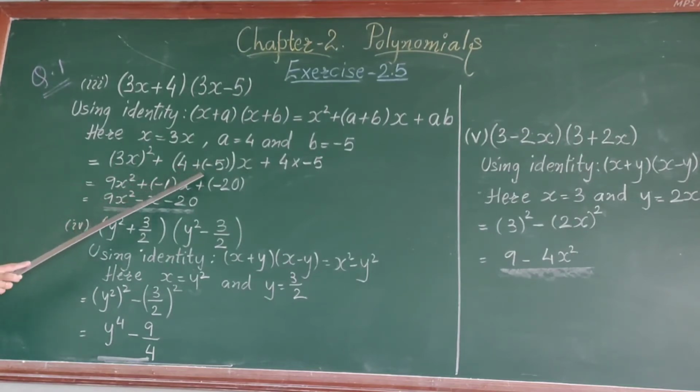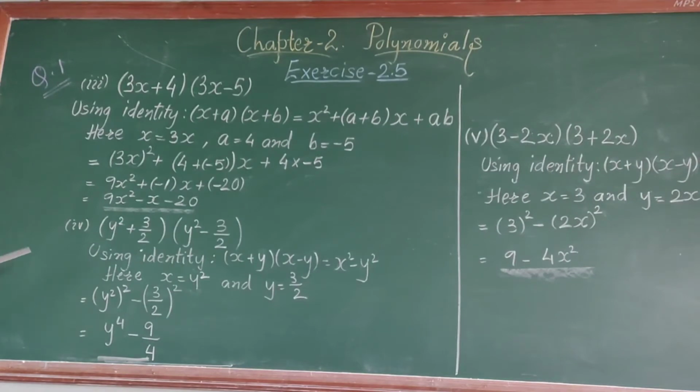Again 4 plus minus 5, one negative, one positive, so we have to subtract only, and the bigger integer's sign comes, so we write 5 minus 4, that is 1, so we get minus 1x. Plus, again one positive, one negative integer, when multiplied it is always negative, so 4 fives are 20, so we get minus 20. That is equal to 9x² minus x, because 1 into x is x only, so we write 9x² − x − 20.